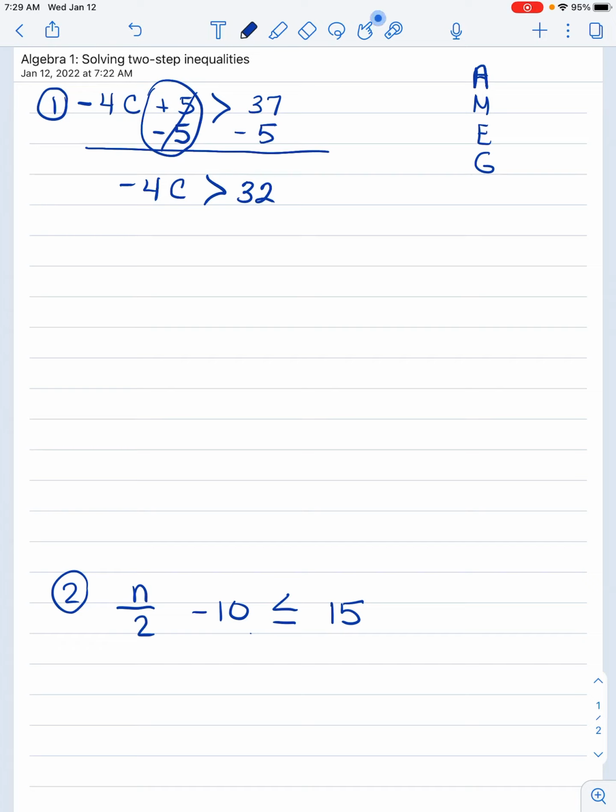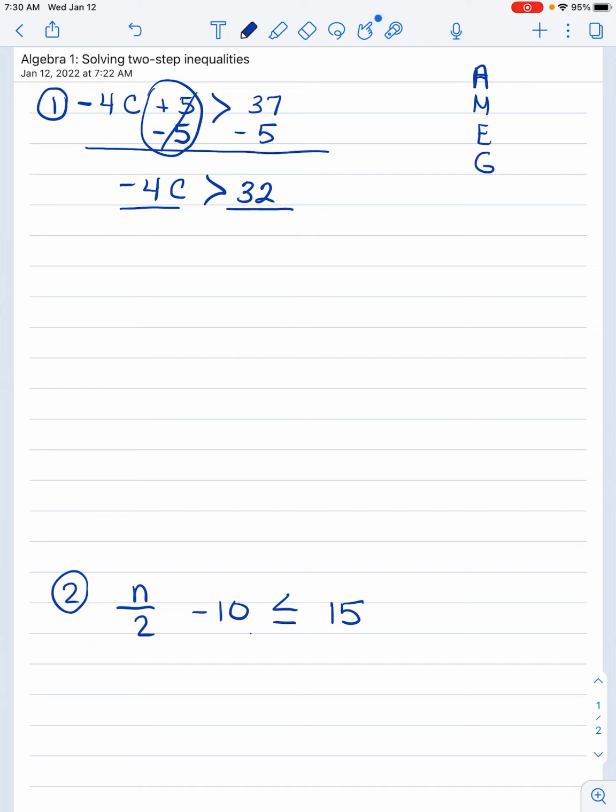Now, if you look, the coefficient of c, the thing that I'm going to have to divide both sides of the inequality by, is a negative number. When you multiply or divide both sides of an inequality by a negative number, you are going to have to flip the inequality sign.